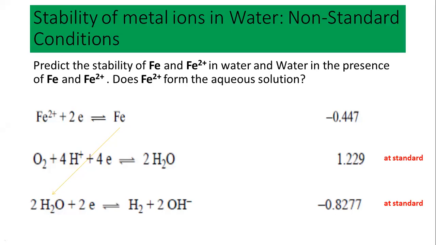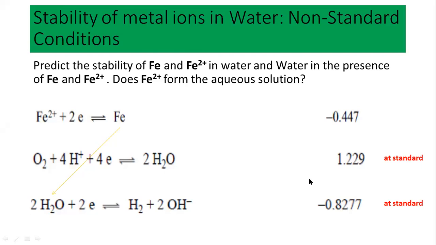So it is important to note that these are the standard conditions. Standard condition means when all the metal ions or the hydrogen ions or the hydroxyl ions are at unit concentration. When all the concentrations are unit concentration, then you can have these values, and these values are called the standard cell potential.